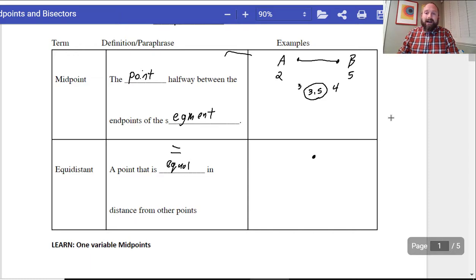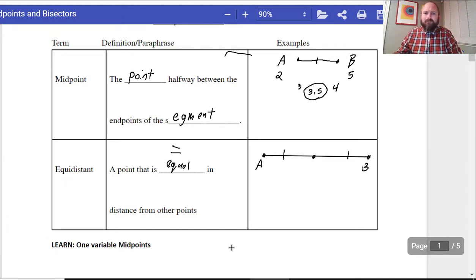So if we have a line and a point that is equidistant, that means both of these distances are equal. And we're going to see that in midpoints. The midpoint is exactly halfway in between. It is equal in distance from either of the endpoints. Just another way of saying it, guys.